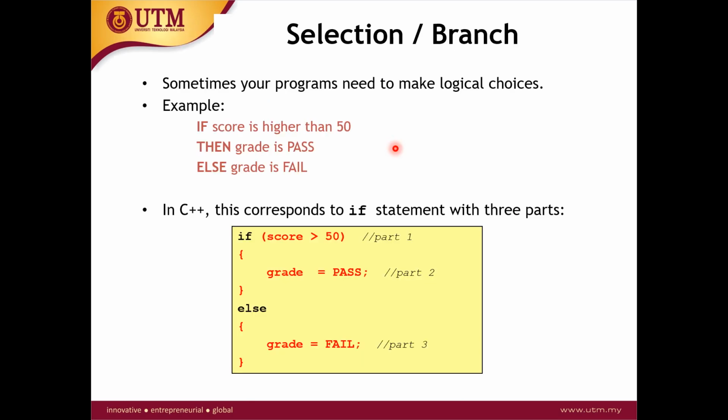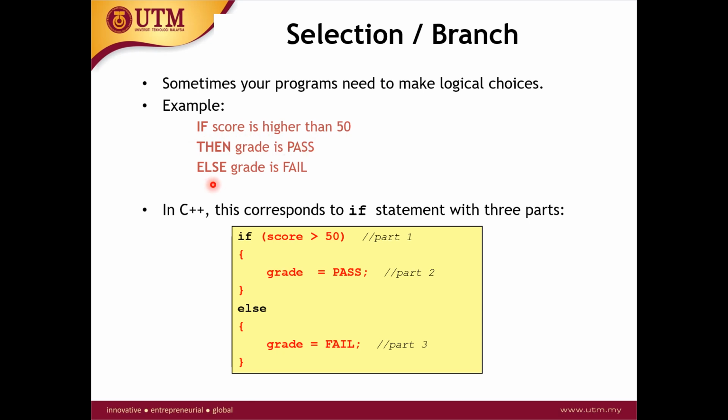So sometimes when you are writing your program, you may face some logical choices. You may face some point that you need to decide one of two options, or one of more than two options, or choose only one option among some options. So what is going to be? For example, if the score is higher than 50, that means the grade is pass.